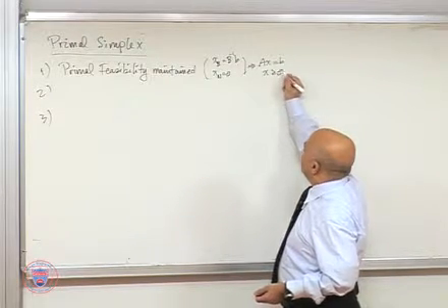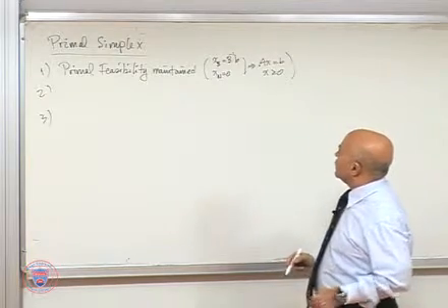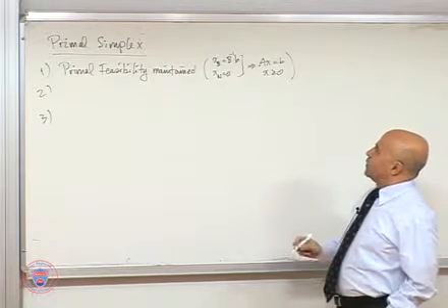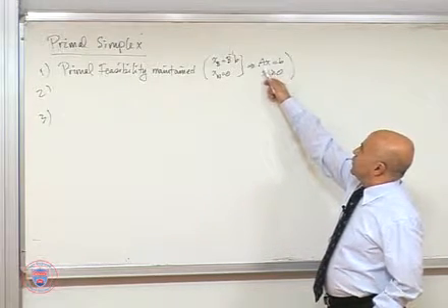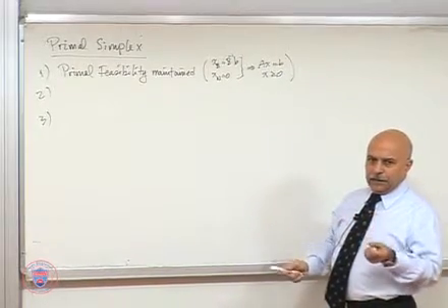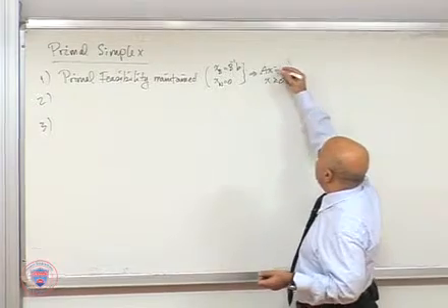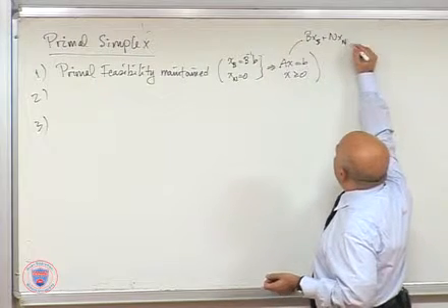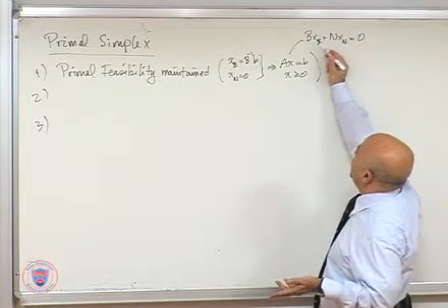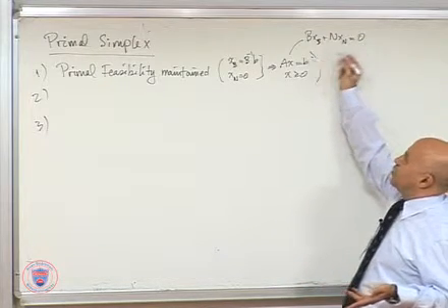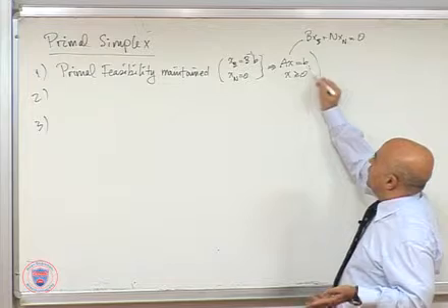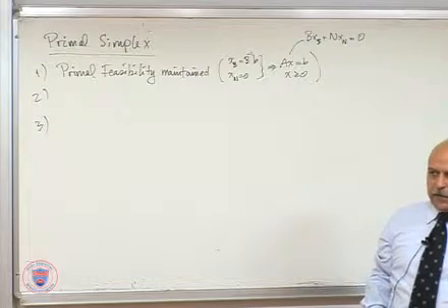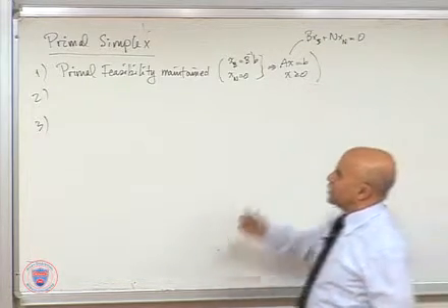Also, the non-negativity is always satisfied. Because if you partition A into B and N, then Ax equals b simply gives you B xB plus N xN equals b. xB is defined by B inverse b, and xN is 0, so this certainly satisfies the equalities, and xB is always greater than or equal to 0 throughout. We begin with that, and we always maintain that. So this is always satisfied.